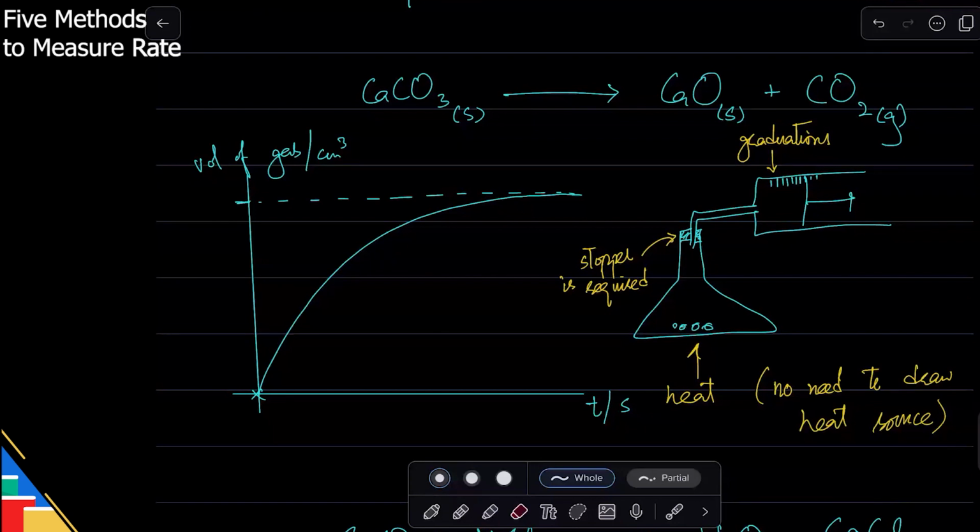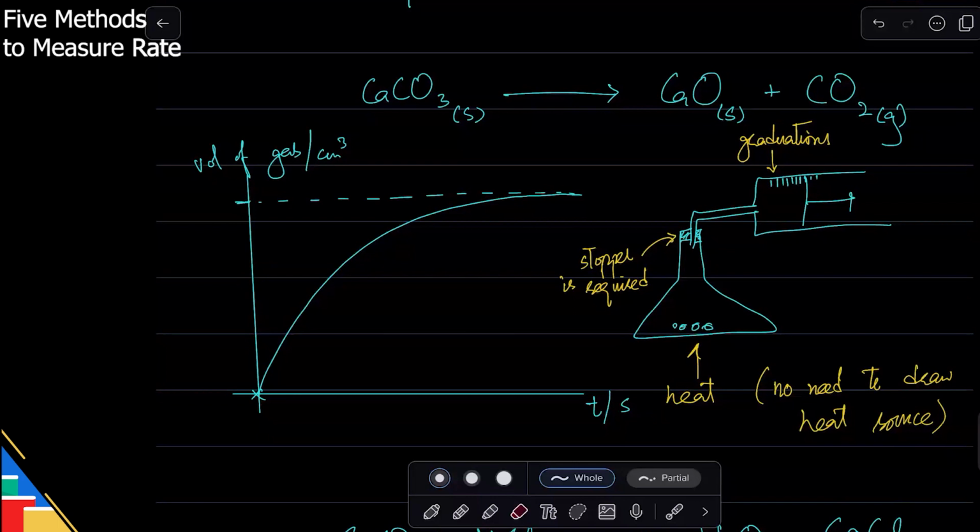Okay, so now we have seen how we can measure the rate of reaction. We just look at the equation. If something is appearing, we measure that, and if something is disappearing, we measure that. Now the next thing is to figure out, looking at different reactions, what is the best way?